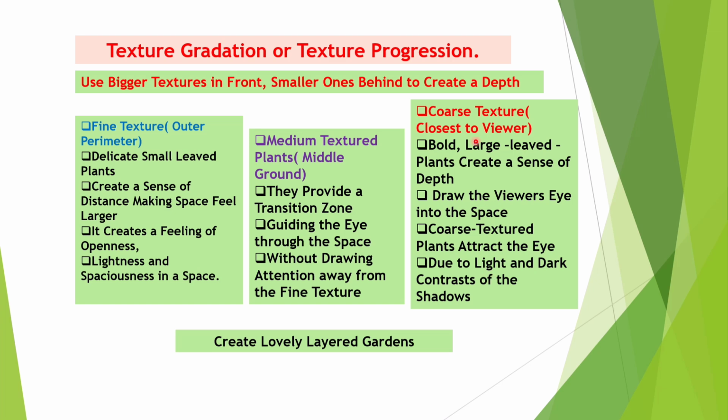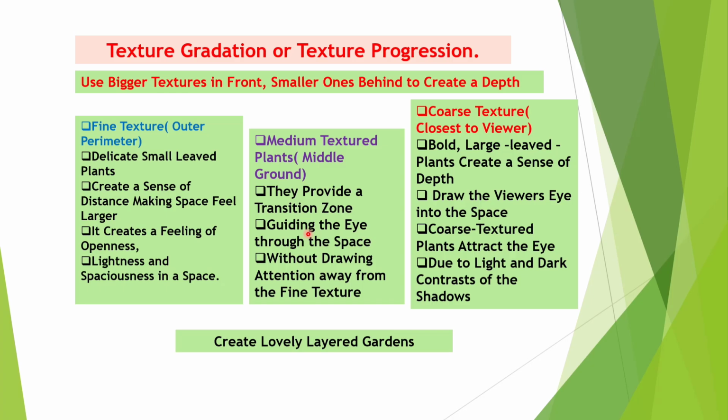So when you are putting the coarse texture in front, medium texture in the transition zone and the fine texture away towards the perimeter, you are creating a situation where this space looks larger.